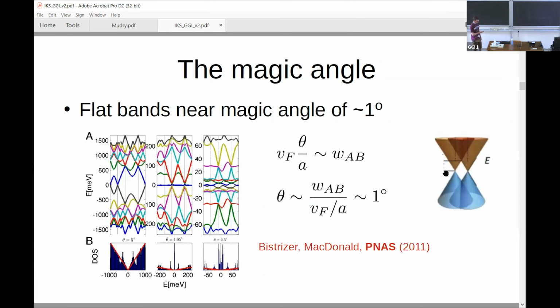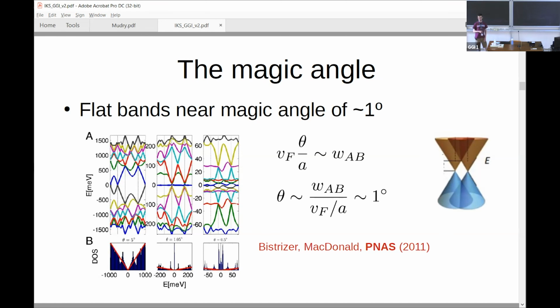Okay, so this takes me to the so-called magic angle, because when you do this computation of the band structure, something interesting happens near this twist angle of around about one degree. So here on the left, this is the original paper by Bistritzer and MacDonald, where you see the band structure for different twist angles, and you see that at 1.05 degrees, these two bands here in the middle are extremely flat.